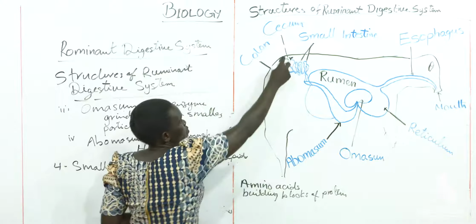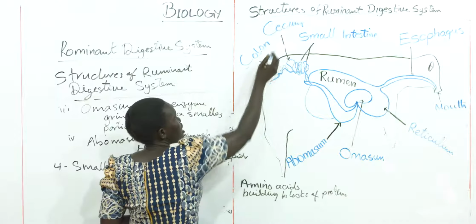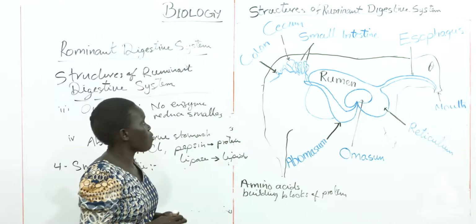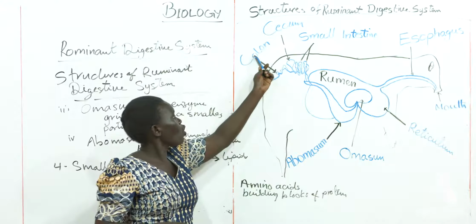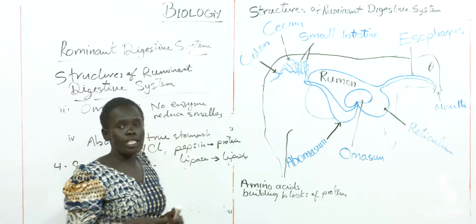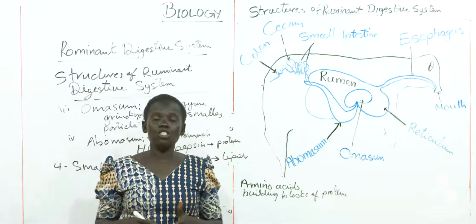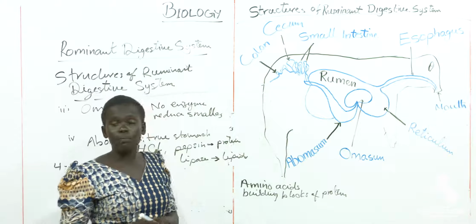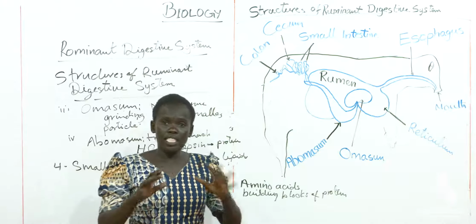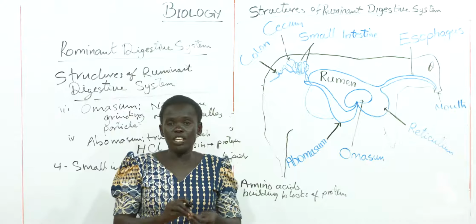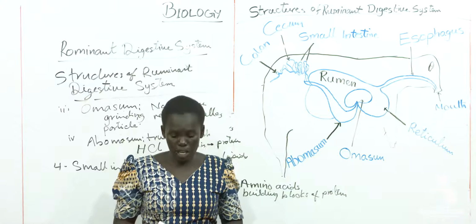That means from this one up to here, this is the example of the large intestine made up of cecum and colon. And the colon is the place where most of the water is absorbed from undigested food, because from the colon coming to the rectum, this is where the waste materials are kept, waiting for their time to come out of the body.